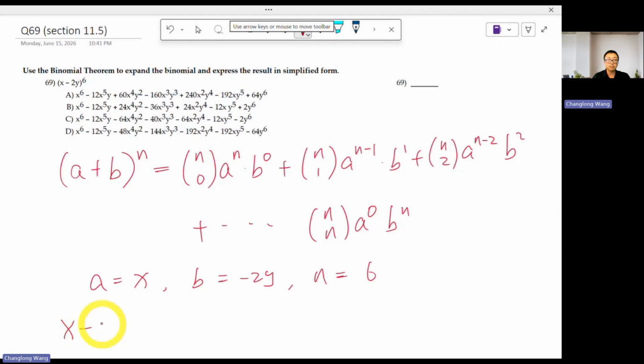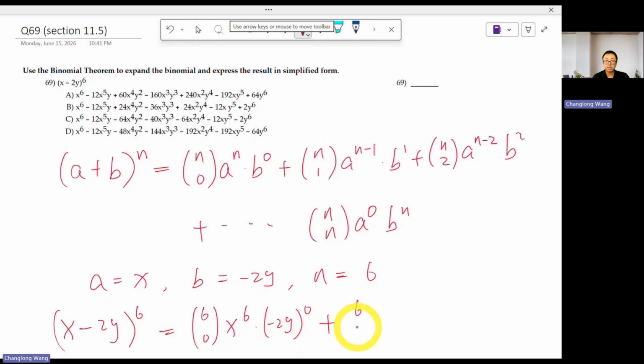(x minus 2y) to the 6th power, so you get 6C0. x will just be x by itself to the 6th power, and there's nothing more since b to the 0th power is 1. But if you want, you can put negative 2y to the 0th power. You know that this guy's going to be 1.